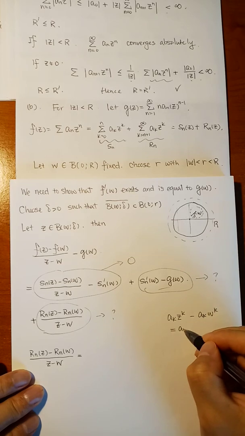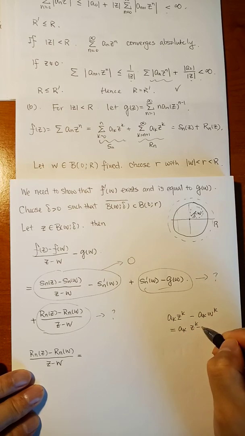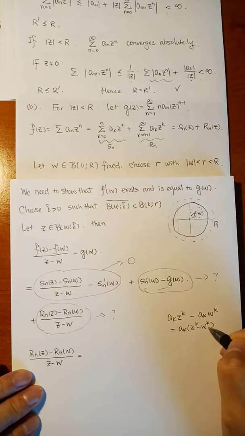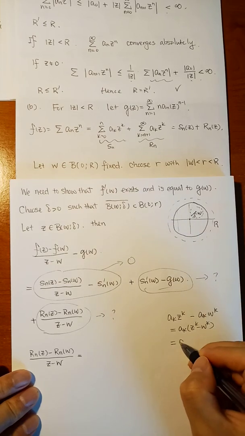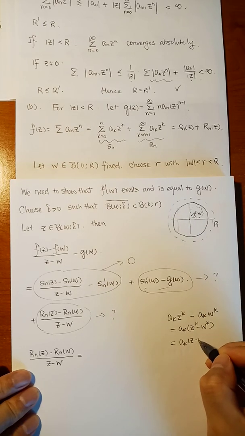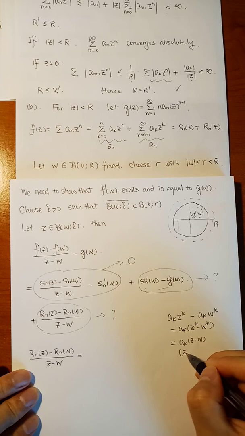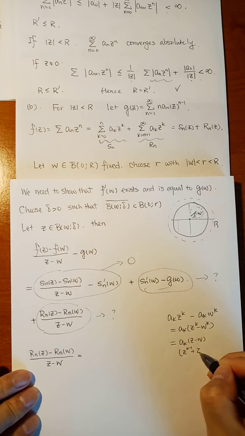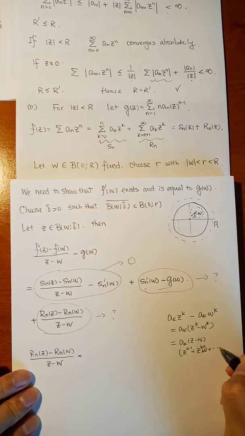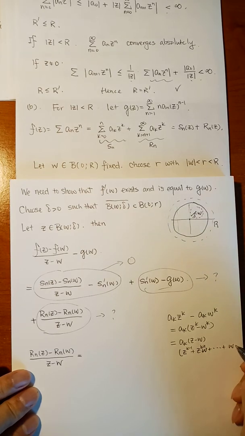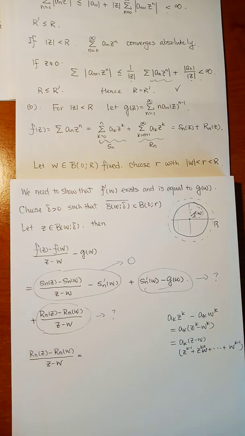You factor out ak, you will have z^k minus w^k. I remember this one we can factor it. It's ak times z minus w times z^(k-1) plus z^(k-2) times w and so on, and then you have w^(k-1), right? Remember that we have such stuff.